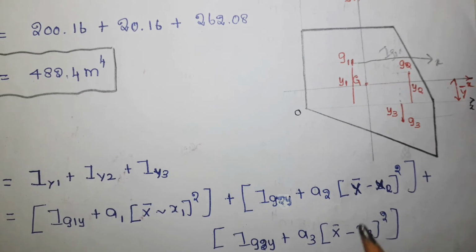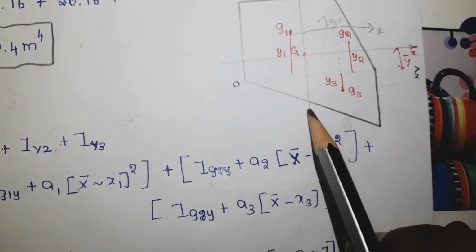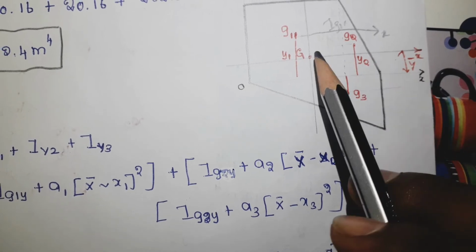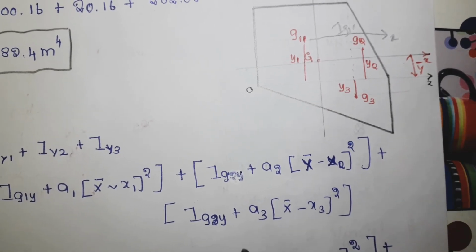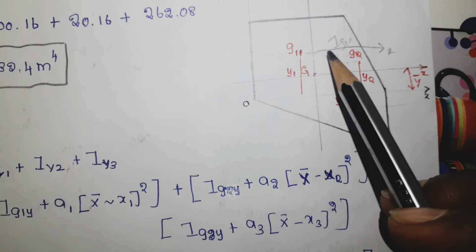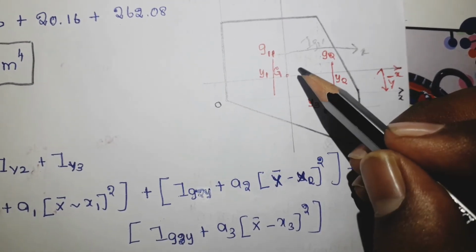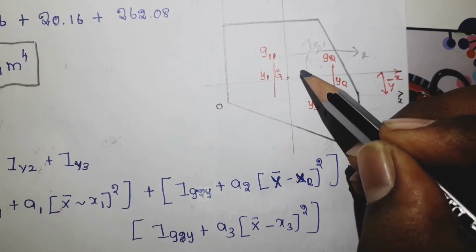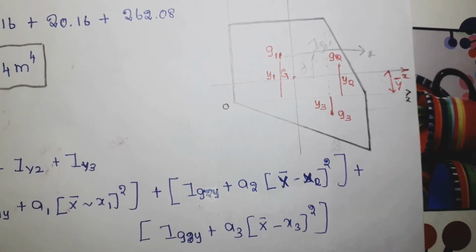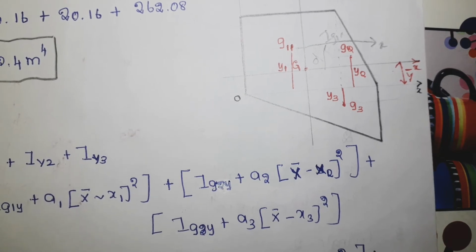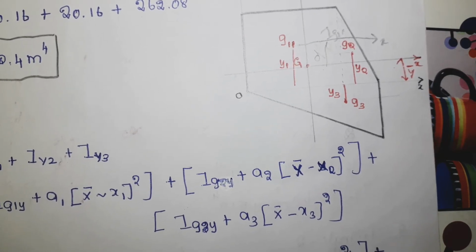Now they have asked us to find the moment of inertia with respect to this axis, centroidal axis, Igx. Okay, you see here this axis is parallel to this one, which is separated by this distance. Now since these two axes are parallel to each other, I am going to use parallel axis theorem.